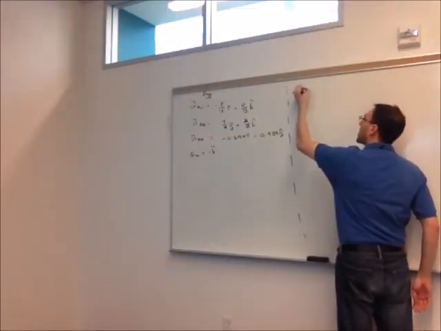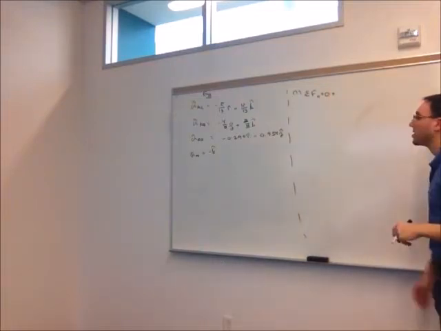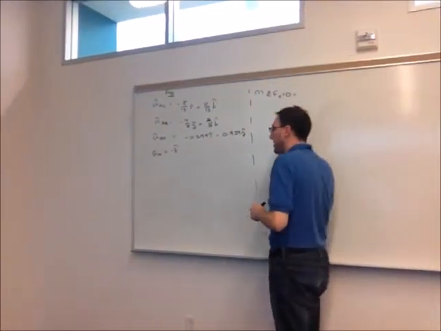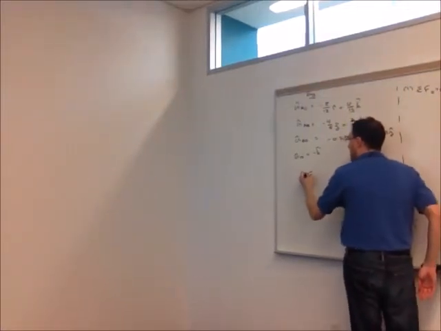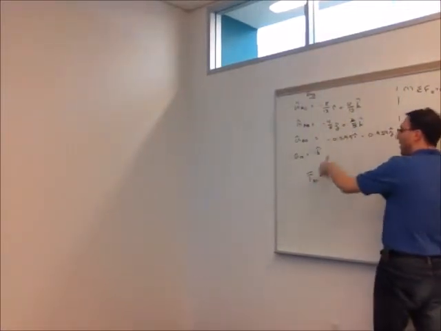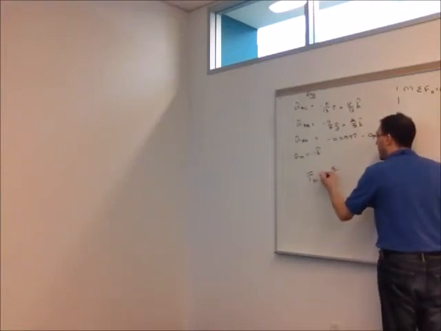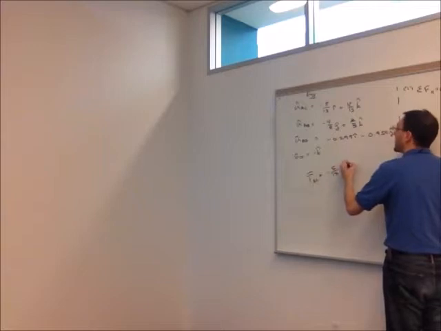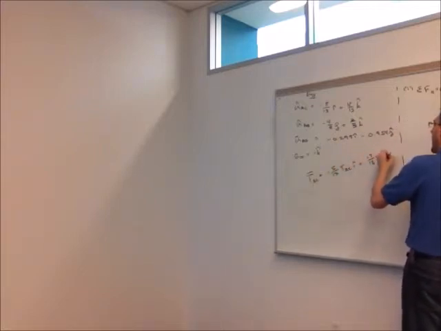Write our equilibrium equations. Remember what we were looking at is that we can express, I'll use as an example here, vector TAC. We don't know its magnitude yet, but since we know its direction, we can say it's negative 5/13 magnitude TAC i plus 12/13 magnitude TAC k.